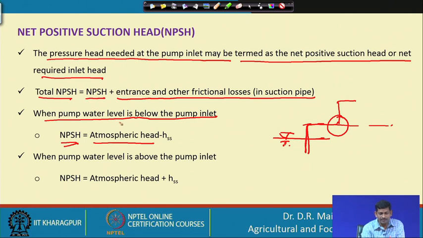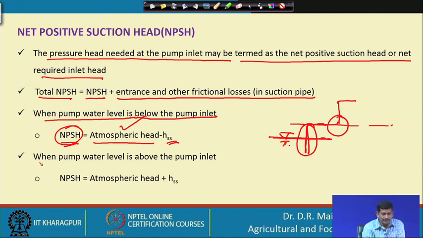So, in this case the net positive suction head is equal to the atmospheric head minus the static suction head. This is called the total static suction head.